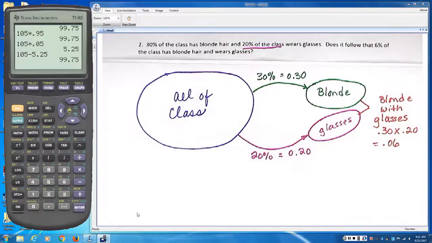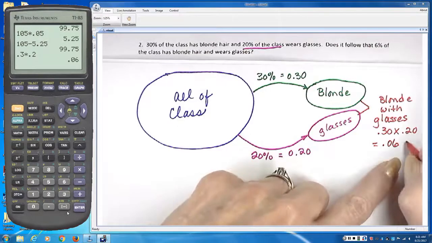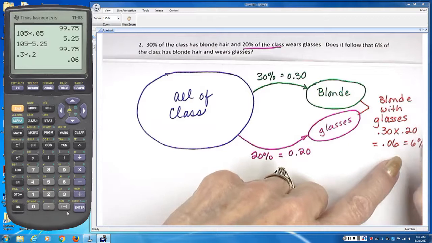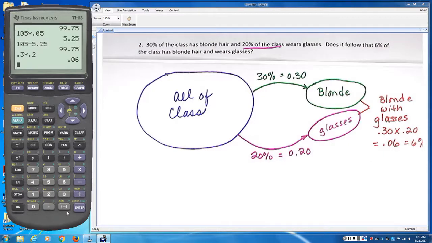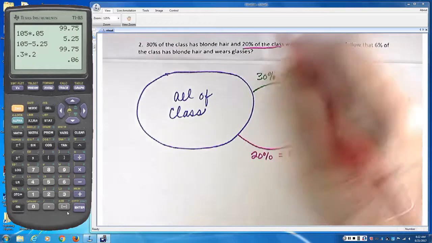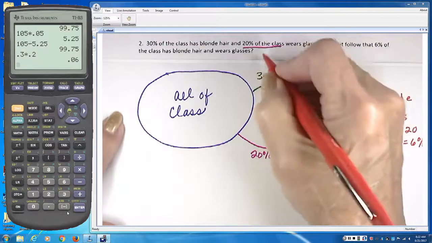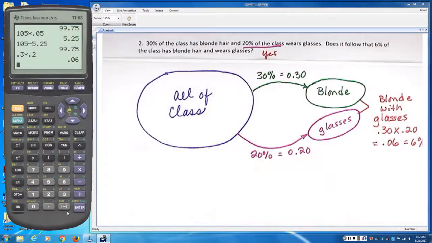You can always check that on your calculator. So 6% of the blondes wear glasses. And it says, does it follow that 6% of them wear glasses? And the answer to that should be yes.